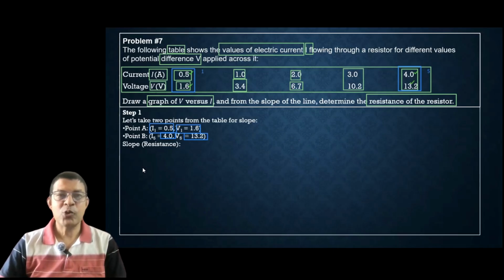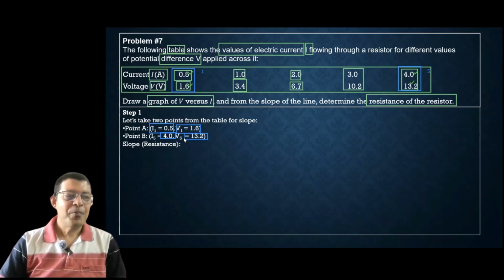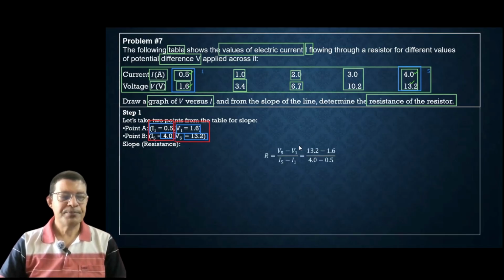So now how do we get the slope? The Y points are basically the V, right? V1 and V5 are the Y points. The X points are I1 and I5. So let's solve it now.